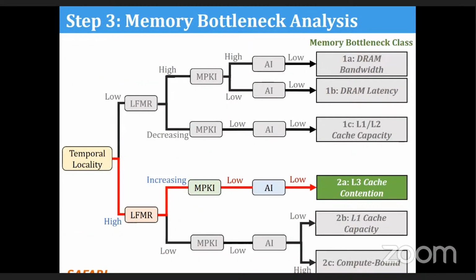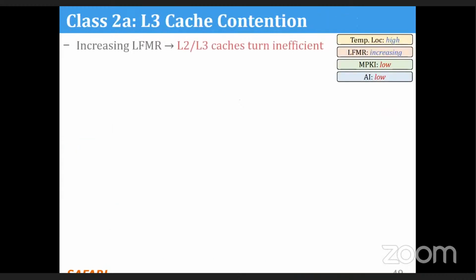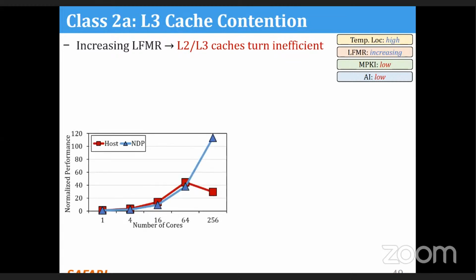Then we go to class 2A, which is L3 cache contention. What happens here is that when we increase the number of cores, when we increase the number of threads executing the workload, LFMR increases. And this is because L2 and L3 turn inefficient. And why is that? Because there is contention in the access to the caches. That essentially depends on the specific access patterns of the workloads, right?